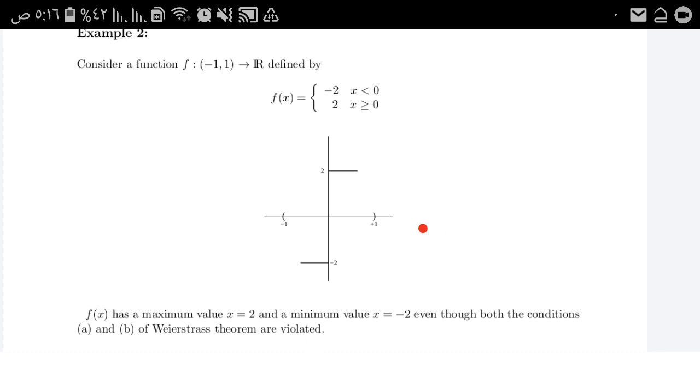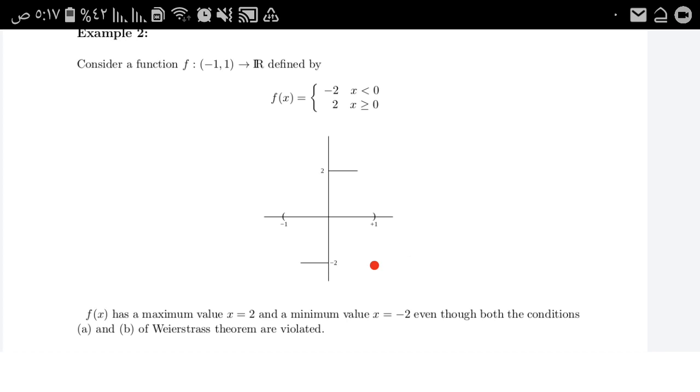So the conditions of the Weierstrass theorem are not essential. But if the conditions of the Weierstrass theorem are satisfied, we are ensured that the maximum and minimum exist.